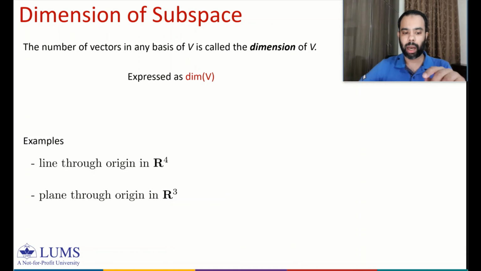This plane can have infinitely many bases, right? Any two vectors that are not linearly dependent in the plane represent a basis for this plane, but the number of linearly independent vectors is always 2, and therefore the dimension of this subspace is 2.